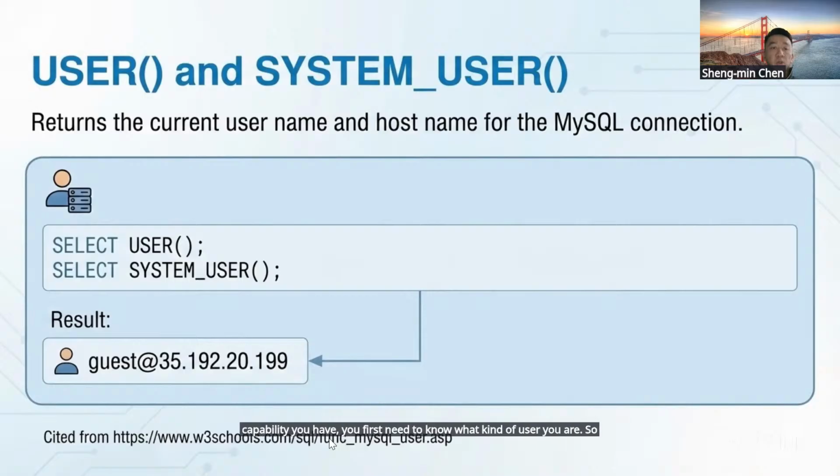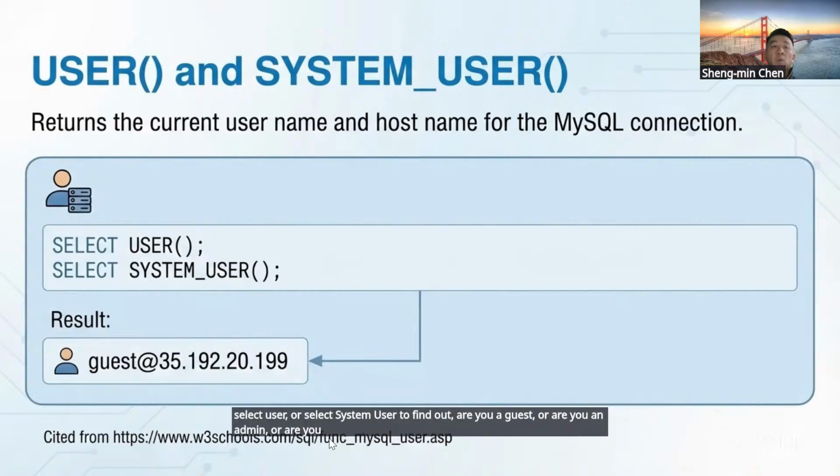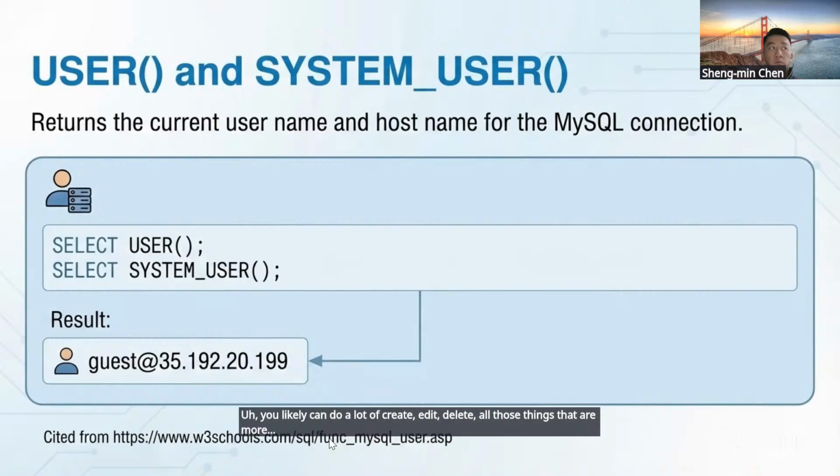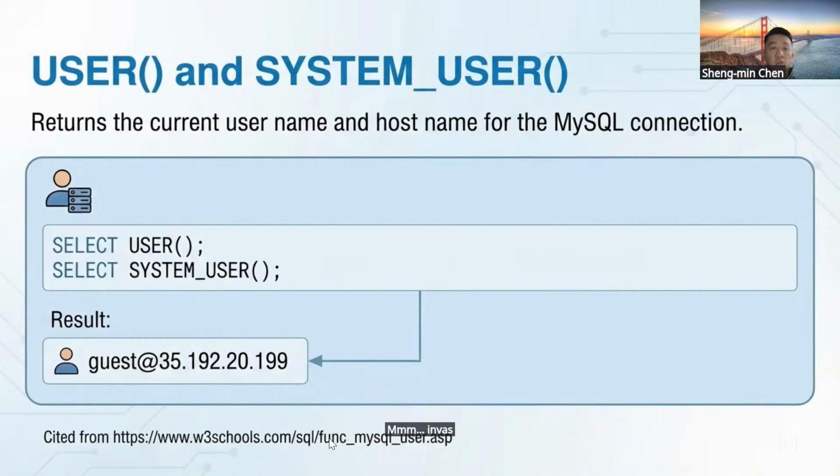So do select user or select system user to find out: are you a guest, or an admin, or a super admin? Once you find out you're a guest, you most likely just have read access. If you have owner or admin access, you likely can do a lot of create, edit, delete, all those things that are more invasive to tables and databases.